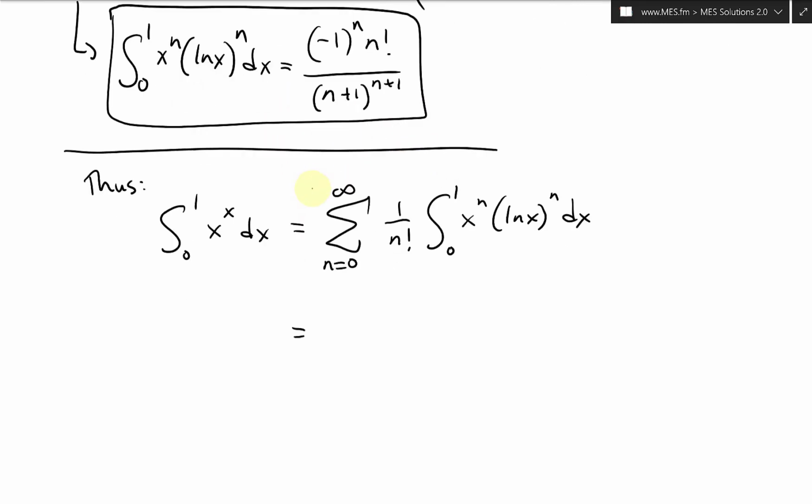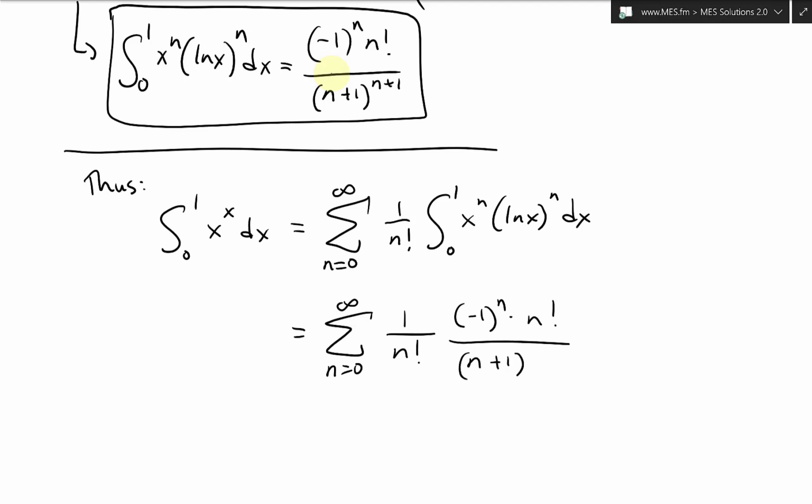So this equals, plug in our answer for that. At n equals 0, we have a 1 over n factorial. So we get this over here: negative 1 to the n times n factorial over n plus 1 to the power of n plus 1. Alright, so we get this, and then this cancels with this.